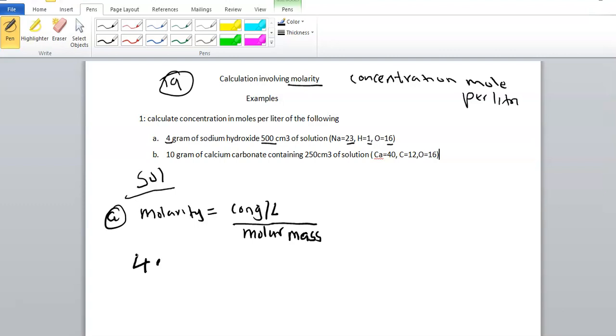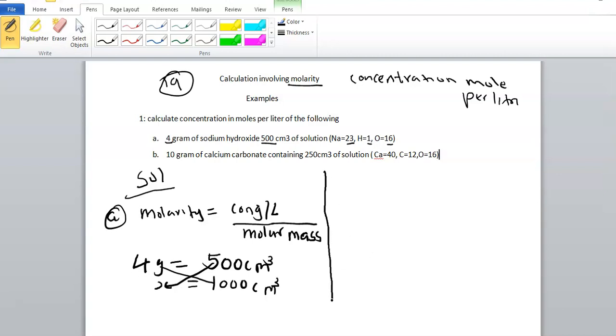Then to get the concentration in gram per liter, it is equal to 1000, by cross multiplication. This is lesson 18 that we have learned. You can go back to lesson 18 to see how to get concentration.